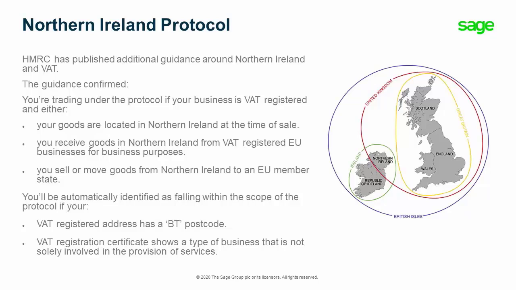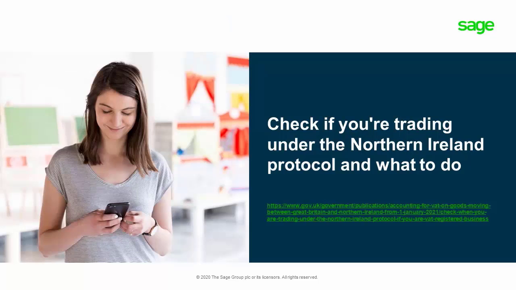You'll be automatically identified as falling within the scope of the protocol if your VAT registered address has a BT postcode, and VAT registration certificate shows a type of business that's not solely involved in the provision of services. To check if you're trading under the Northern Ireland Protocol and what to do, there is excellent guidance on the gov.uk website via the link you can see on screen.